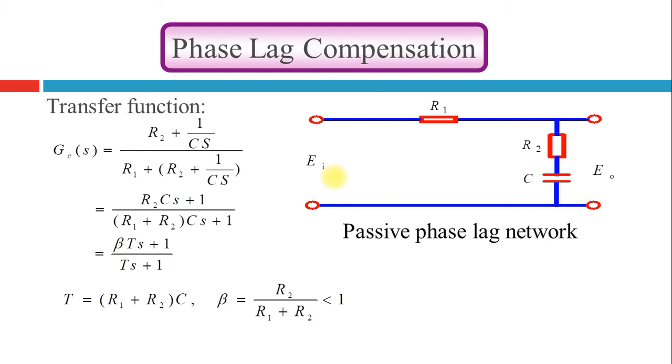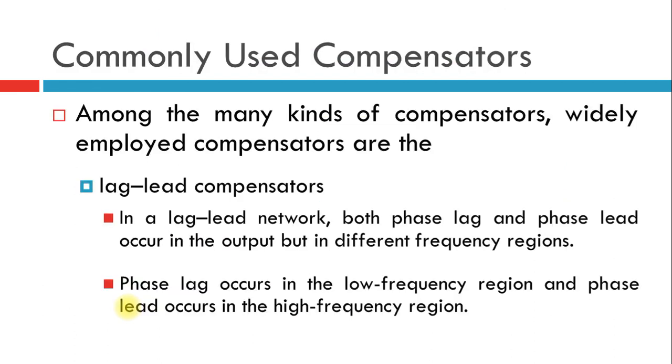And if I put all the values by using mesh analysis that we have studied in your first chapter, I will be getting the transfer function equal to (beta T s plus 1) upon (T s plus 1), where T is equal to (R1 plus R2) into C, and beta is equal to R2 upon (R1 plus R2). Okay, so again, if we want to put the pole and zero diagram, we will be having the poles and zeros on the left hand side, and we can have a lag compensation.